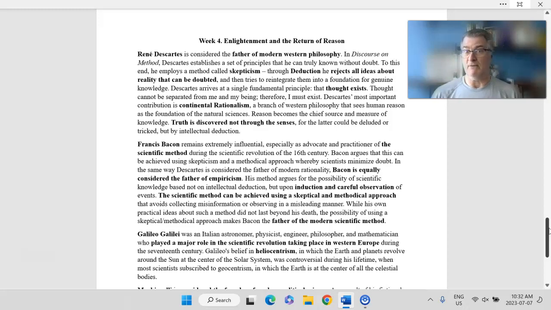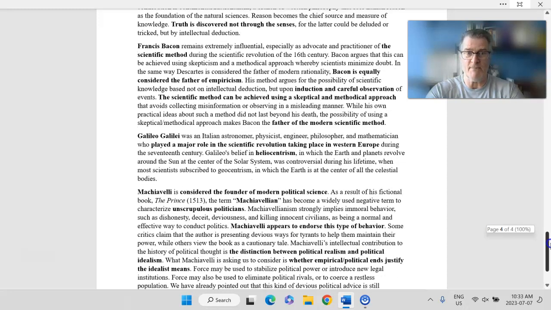Okay, but if I see a black one, I've got to rethink it. So Bacon tries to be much more open to correction, modification, experimentation, testing and retesting, and that's why Bacon is considered the father of the modern scientific method, the testing and retesting that we know science actually is.